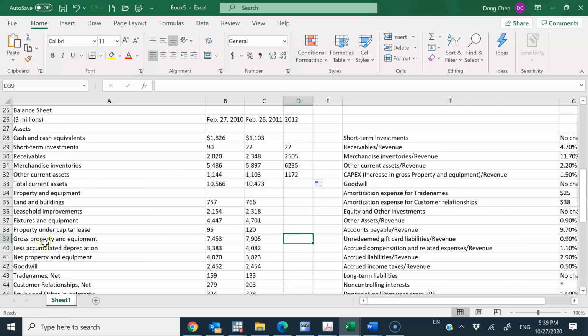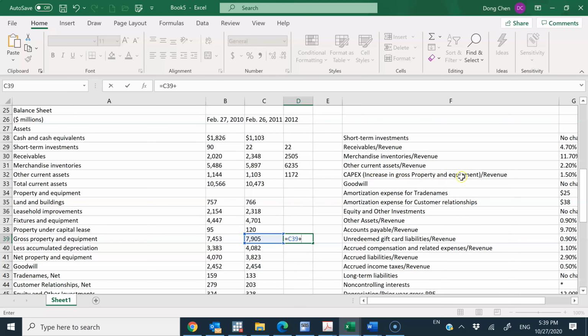So in terms of the gross PE, because on the balance sheet, every item is cumulative, right? So the gross PE for the next year, it basically is the current gross PE plus the new capital expenditure, right? Because capital expenditure here is used for the increase in gross PE.